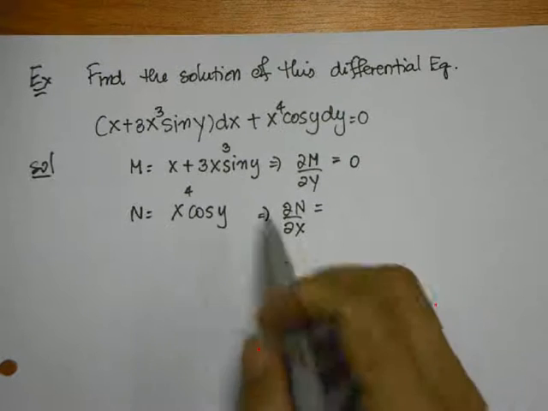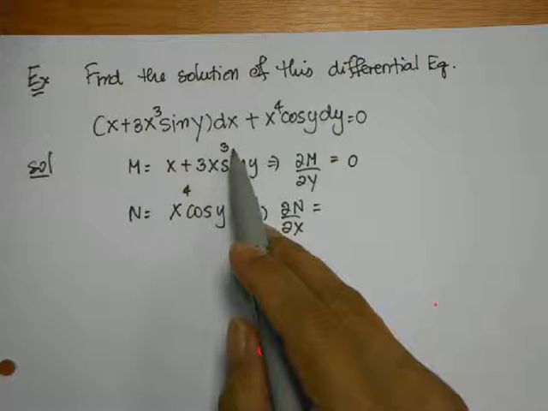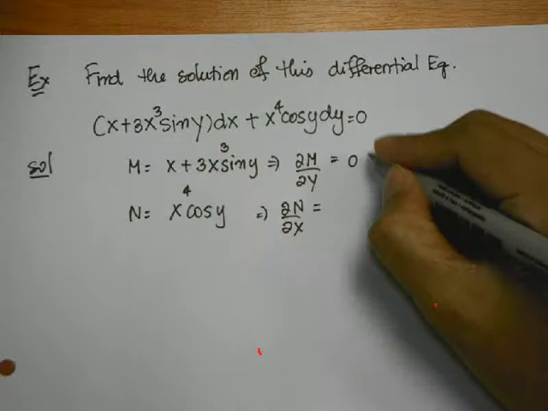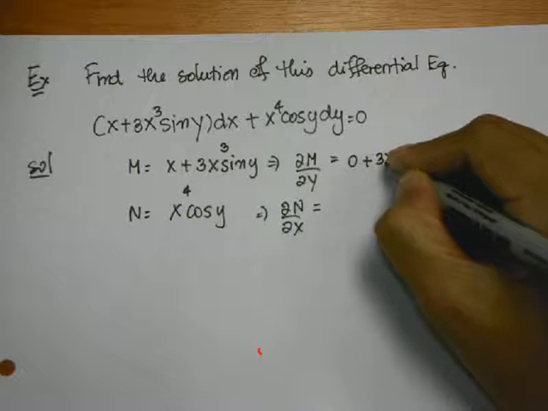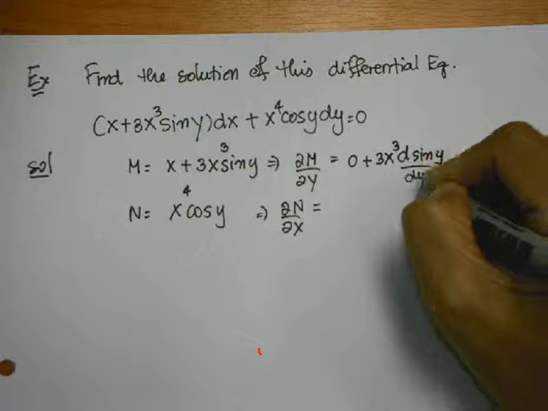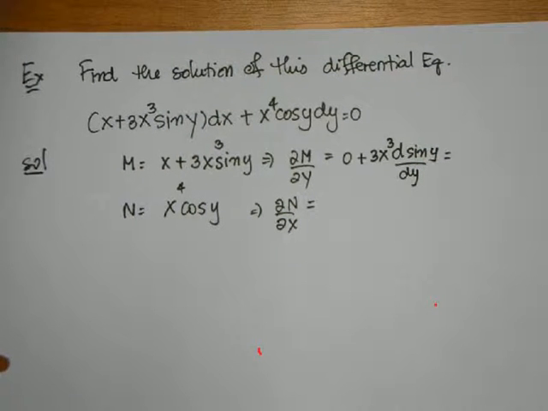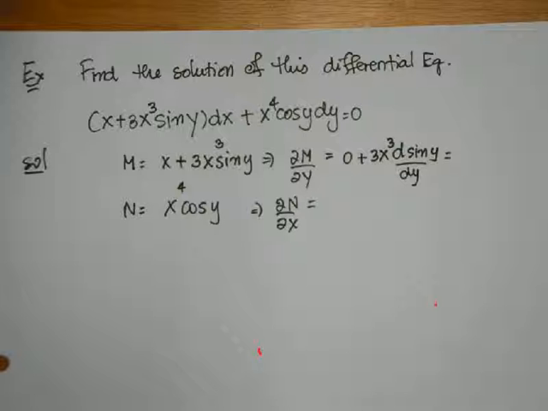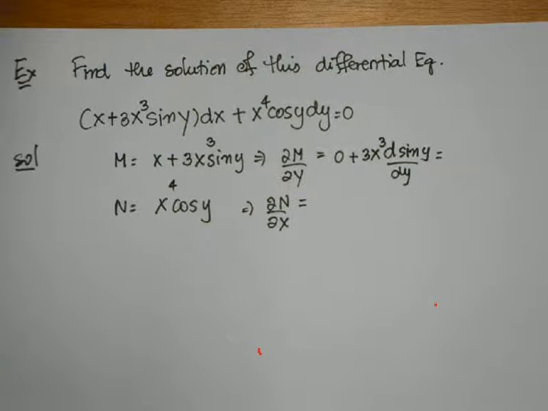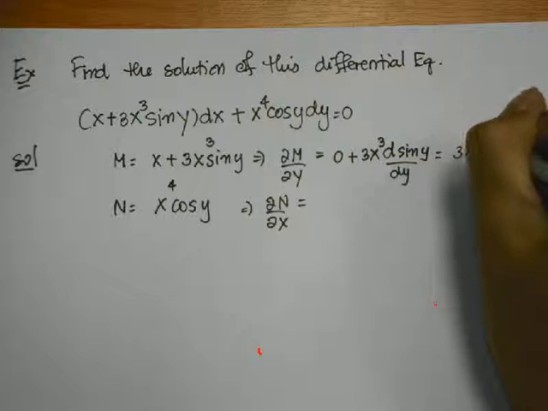And the second one, 3x to the power 3, you look at it as a constant, so you would get plus d sine y by dy. Derivative of sine y by y equals cos y. So you would get 3x to the power 3 cos y.